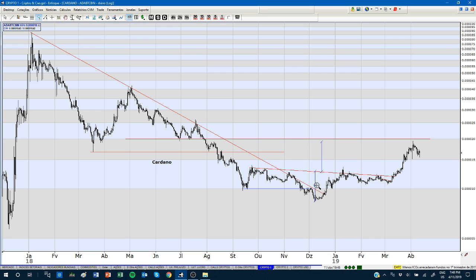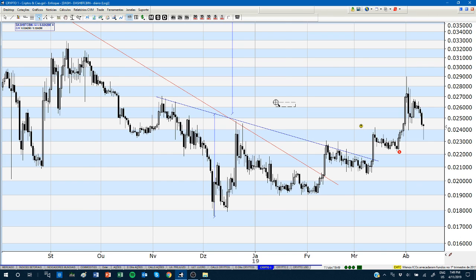It reached the objective that we project from this bottom here. So we have to keep on following it and observing what's going to happen to this, if it's going to turn into a continuation pattern as well. I think it will.